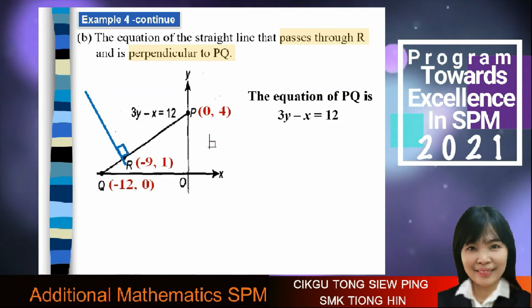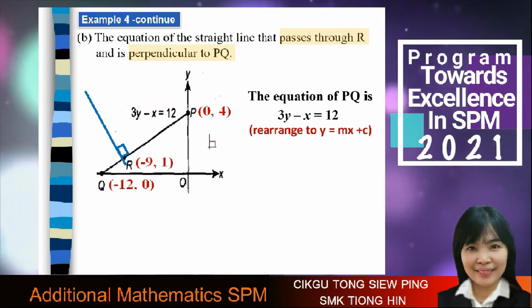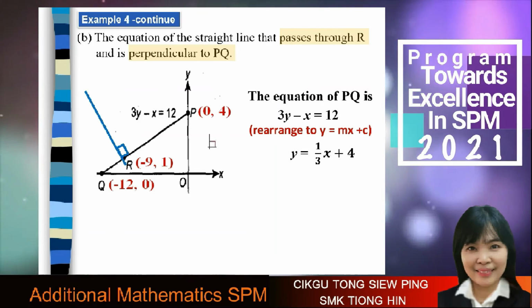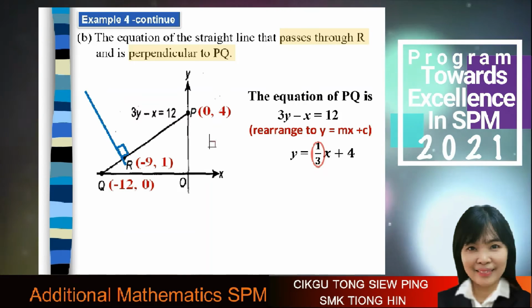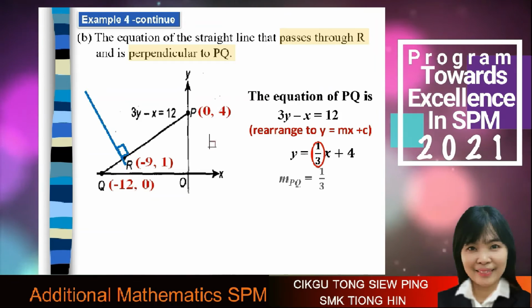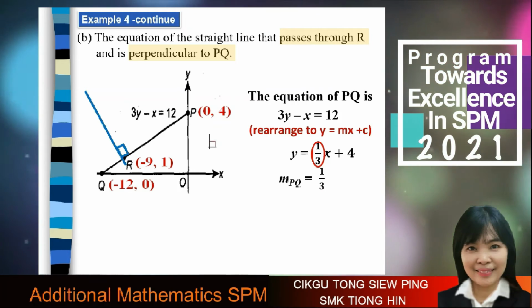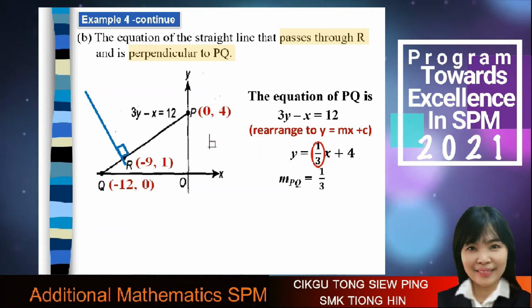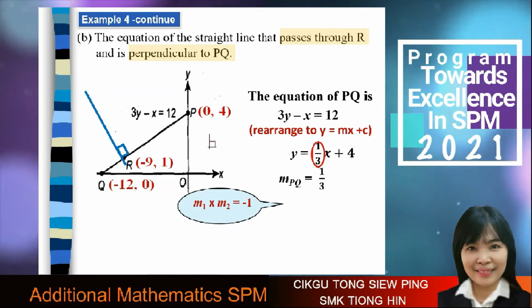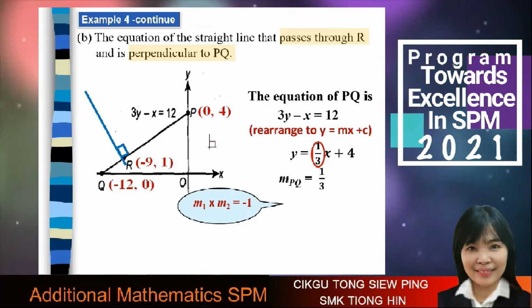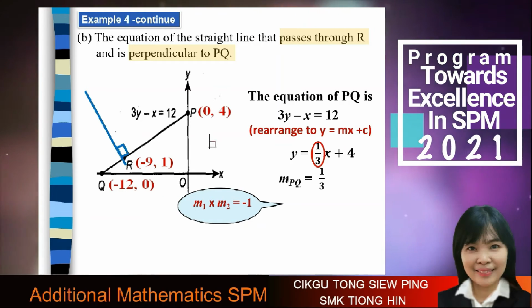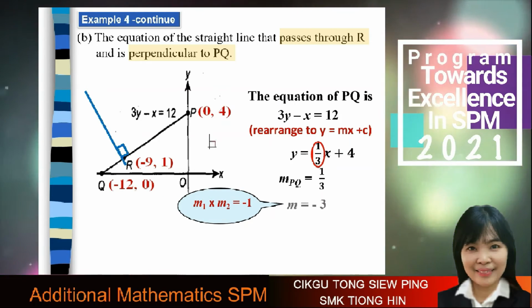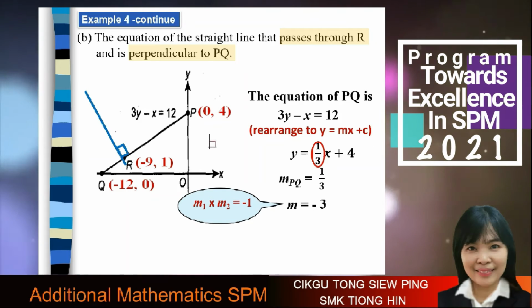We rearrange this to y equal to mx plus c form, and we have the m of PQ is equal to 1/3. Since the two lines are perpendicular to each other, therefore m1 multiplied with m2 is equal to -1. The gradient of the perpendicular line is equal to -3.